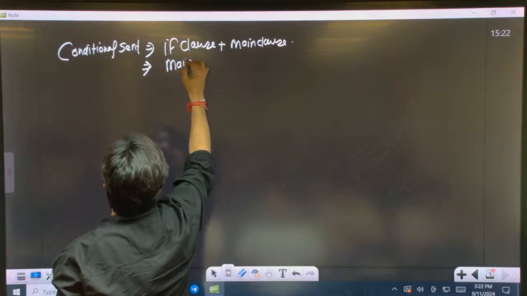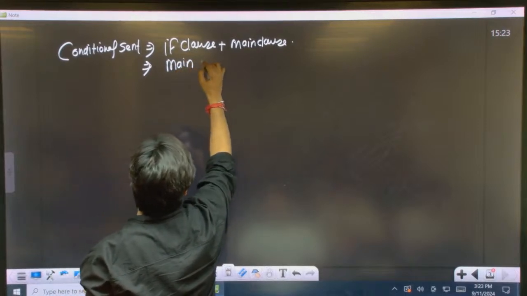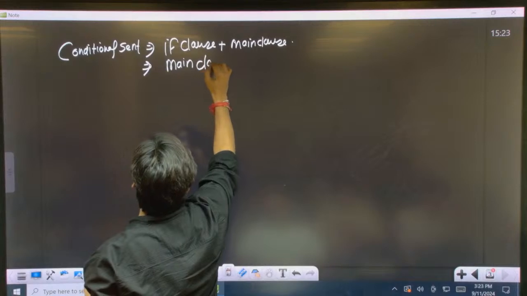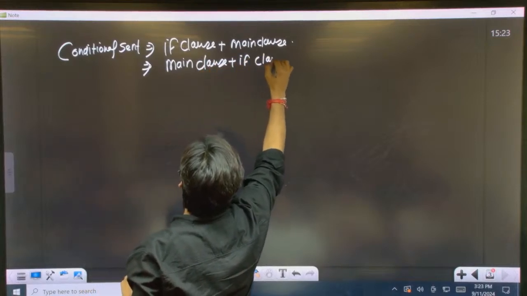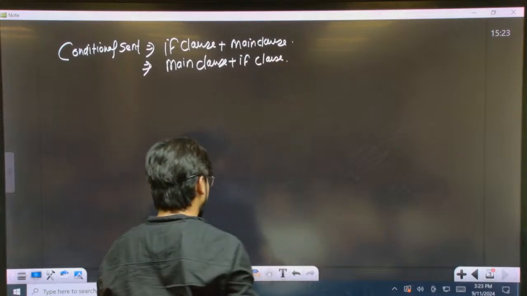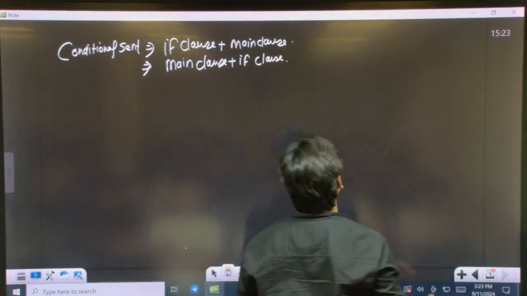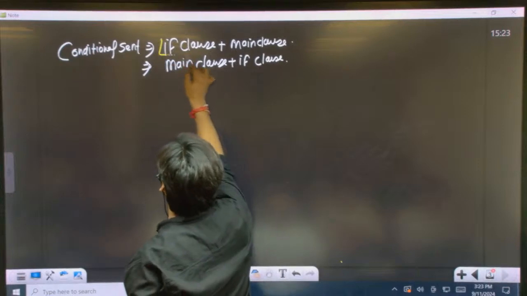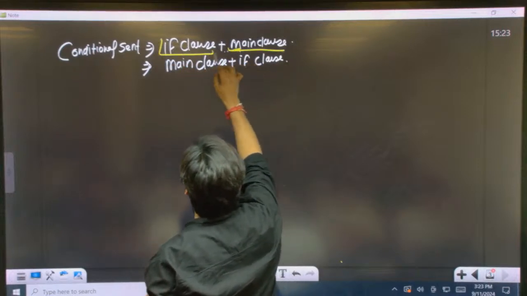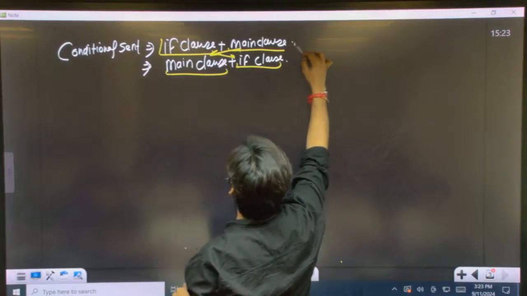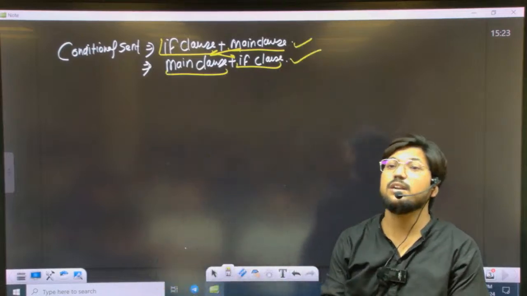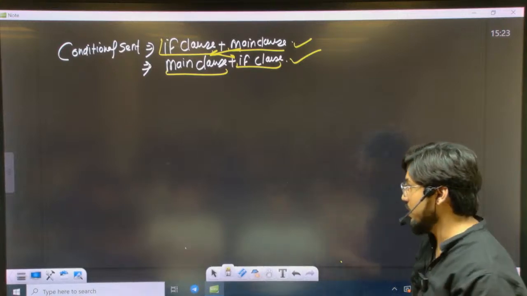I can start the sentence with the main clause first, then the if clause will be at the end. So this is also the correct one. So if the main clause comes here, the if clause goes there, it means both the structures are correct when it comes to conditional sentences.